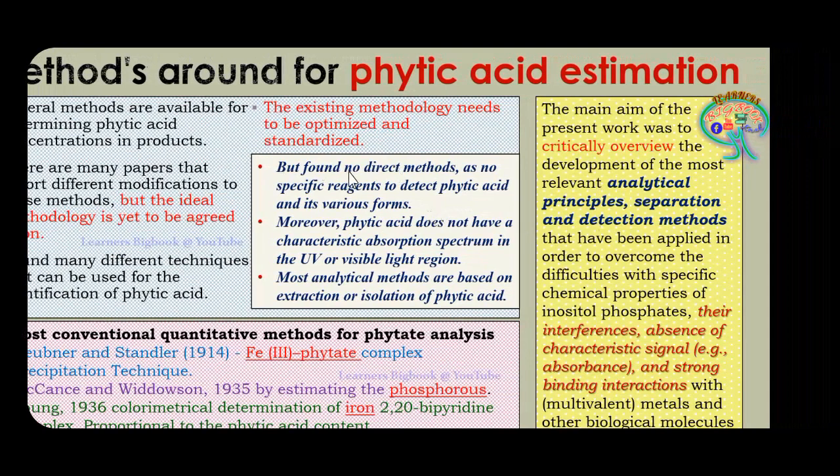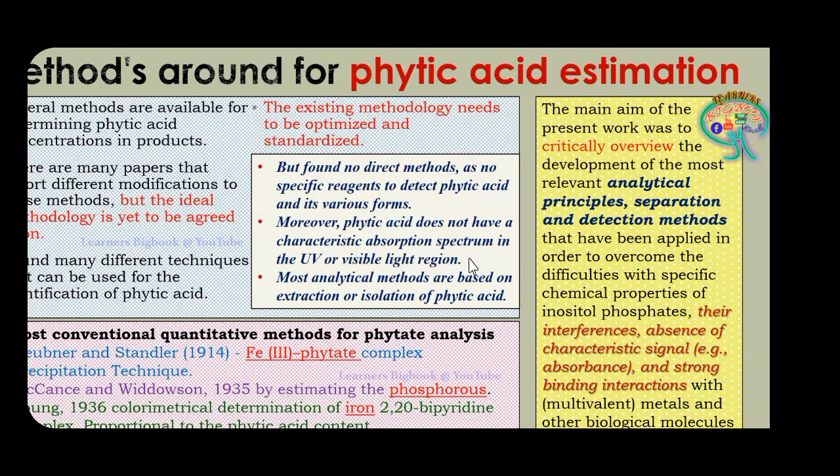It is because there is no direct method that can show or give proof that phytic acid will be detected with a specific reagent, and phytic acid's various forms cannot be detected with a specific reagent. So this is the biggest failure. Moreover, phytic acid does not have a characteristic absorption spectrum in the UV and visible light region.